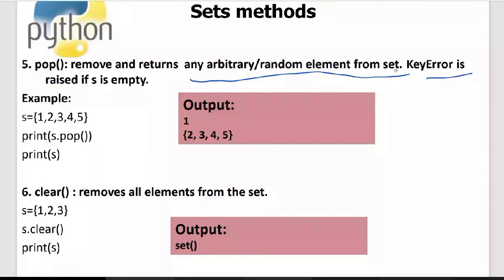Pop with tuples and lists: when you use pop with a list, the last element gets deleted. Another option with pop is you can specify the index and the element at that index will get deleted. But here, from the set, any arbitrary element can be deleted.